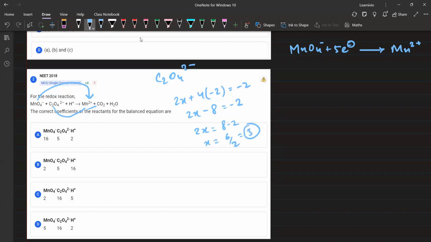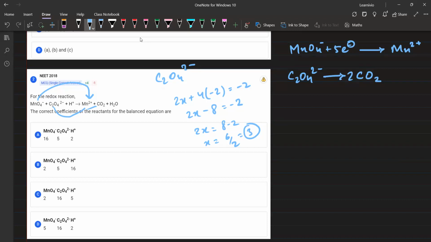Please tell me. It is going from plus 3 to where? We are going from C2O4 2 negative to CO2. Before balancing, before adding the electrons, you will balance the number of carbon atoms. Only carbon atoms. You don't need to balance anything else. Whatever species is getting oxidized, only that. So you made it 2 CO2.